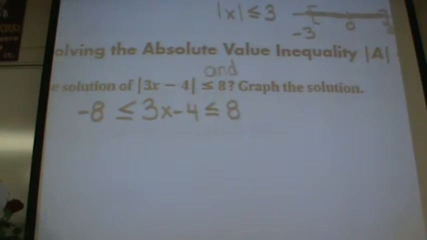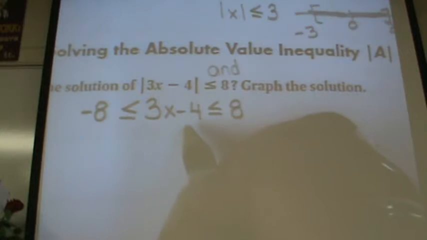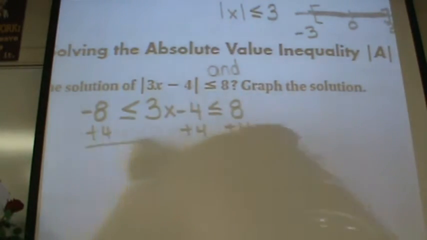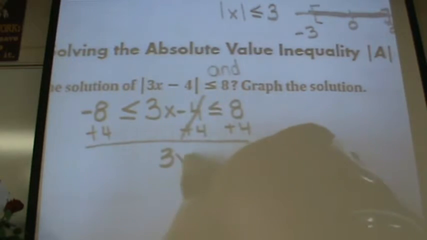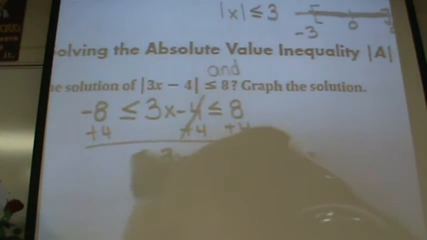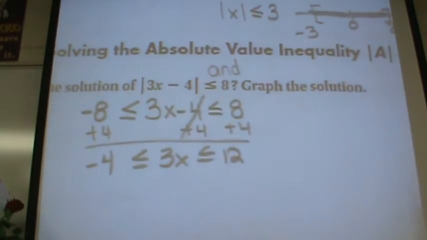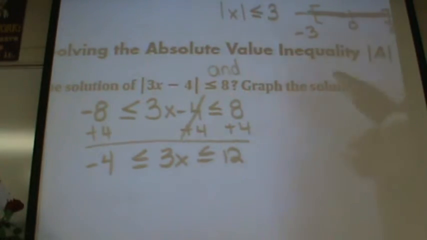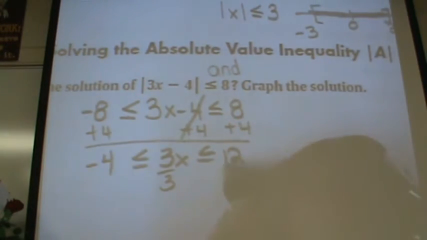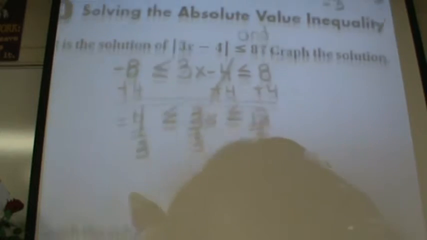You guys remember doing these now? Yeah, it's coming back. All right, what do you do now? Add 4, add 4, add 4. So you get 3x is less than or equal to 12. Divide by 3, divide by 3, divide by 3.